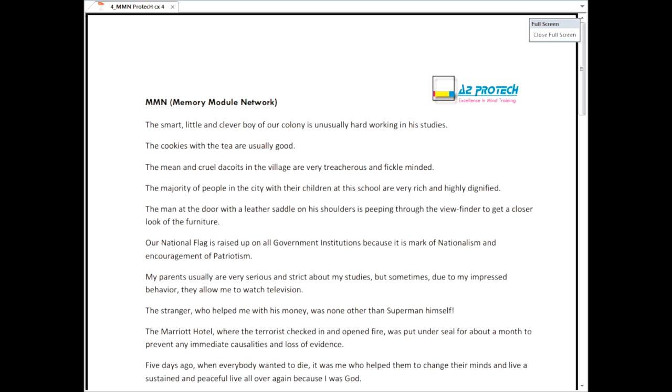The majority of people in the city with their children at this school are very rich and highly dignified. Okay. Can you tell me without seeing? The majority of people in the city with their children at the school are very rich and highly dignified.